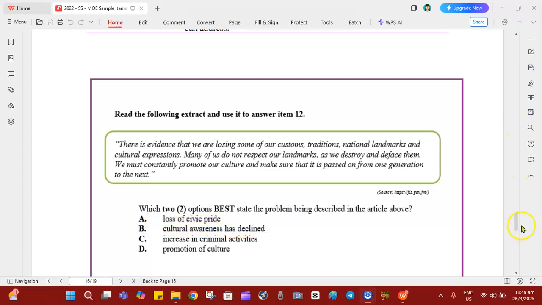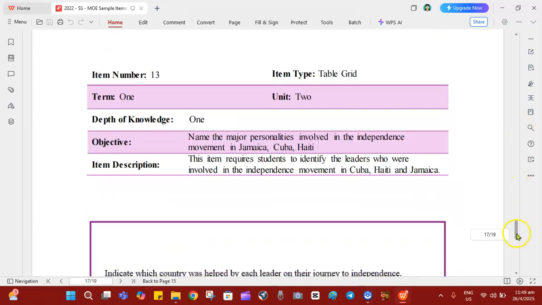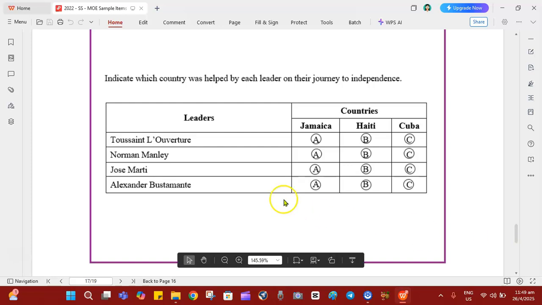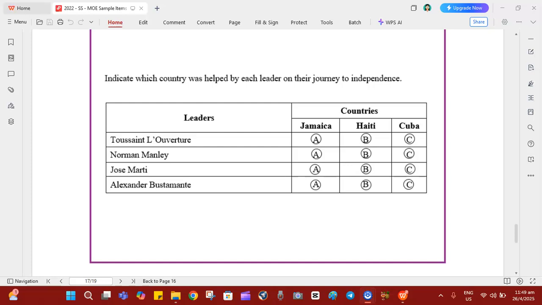Moving on to the next item, which is item 13. It says, indicate which country was held by each leader in the journey to independence. Toussaint Louverture, that's Haiti. Norman Manley, Jamaica. José Martí, Cuba. Alexander Bustamante, definitely Jamaica.